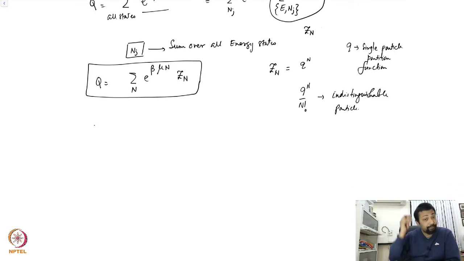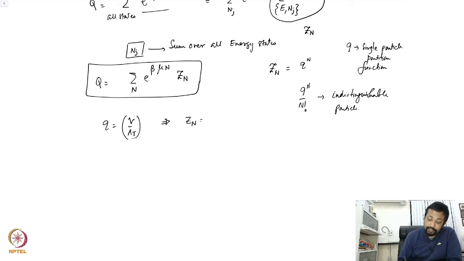So, for example, when we looked at an ideal gas, my q was V over lambda t, and therefore Zn was 1 over n factorial times V over lambda t raised to the power n, which we will simply write as q to the power n over n factorial.